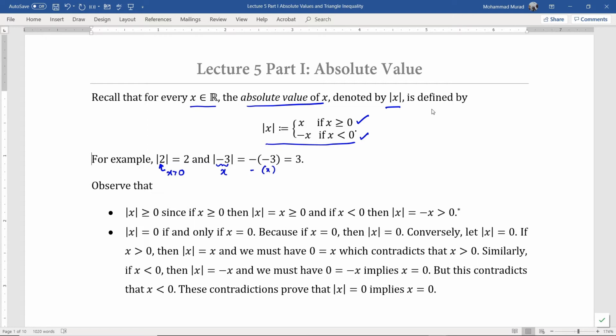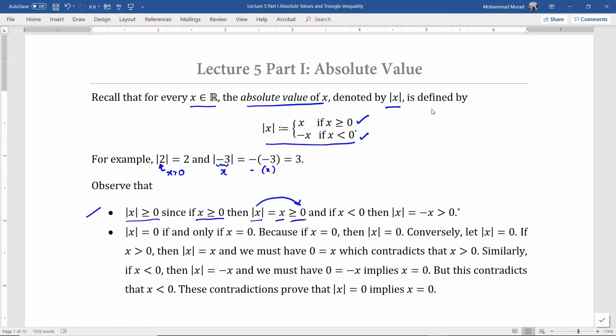Now we observe that the absolute value of x is non-negative for all real numbers x. Since if x is itself non-negative, then absolute value of x by definition equals x, which is non-negative. So absolute value of x is non-negative.